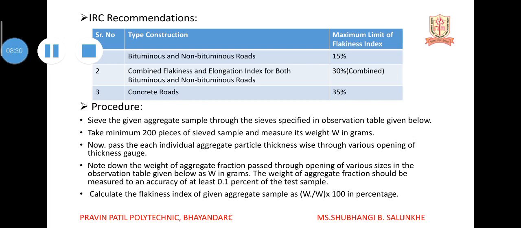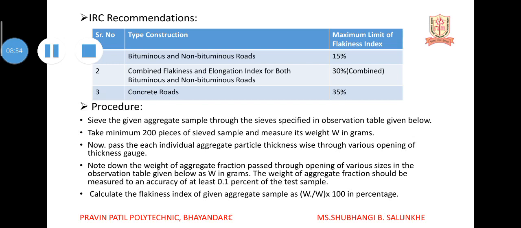in grams. Now pass each individual aggregate particle thickness-wise through various openings of the thickness gauge. There are different types of openings. If your aggregate is passing the 12 mm sieve and retained on the 10 mm sieve, then the opening is different.